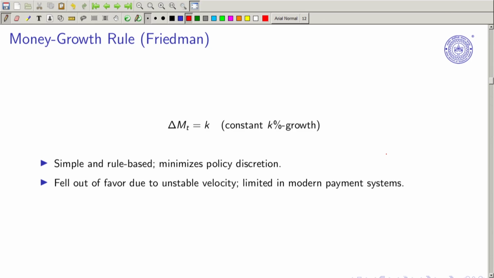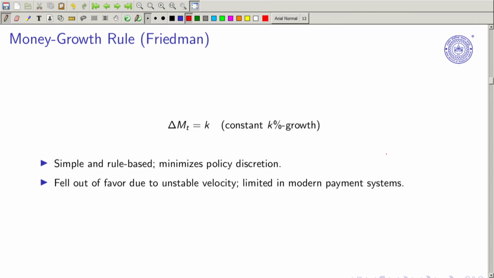Delta MT, he mentioned that there should be a constant money supply growth. The constant money supply, here we are talking about broad money, that is, how much broad money growth we should have in the economy. So if you read the Economic Survey, they mention the broad money, right?